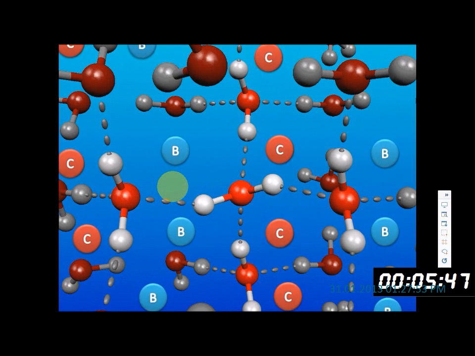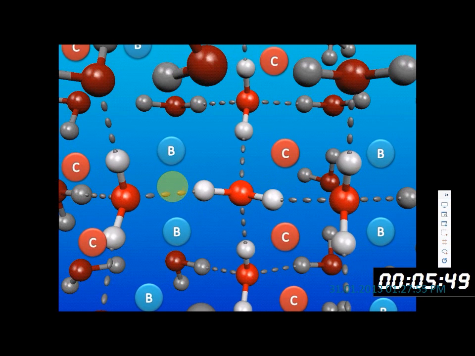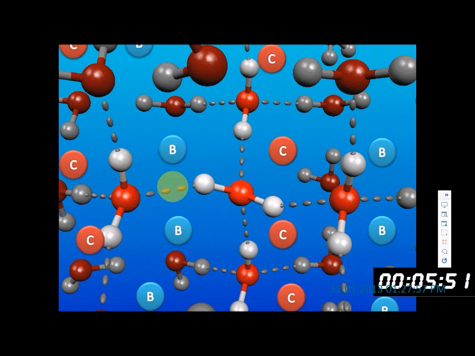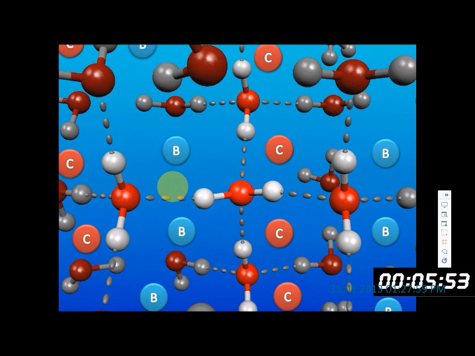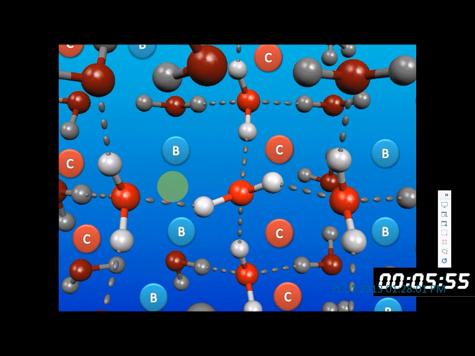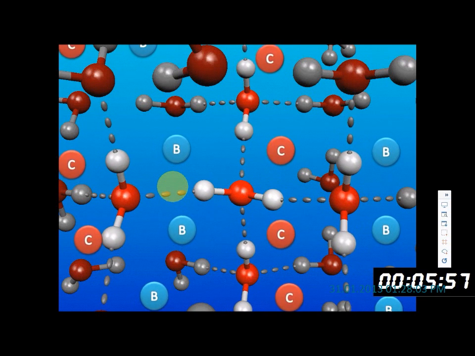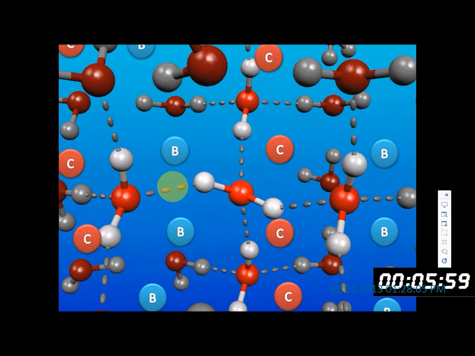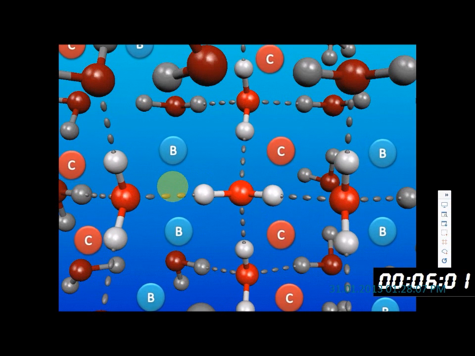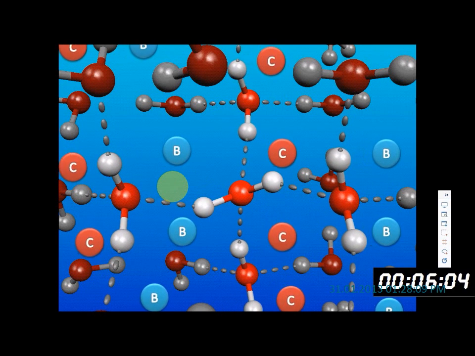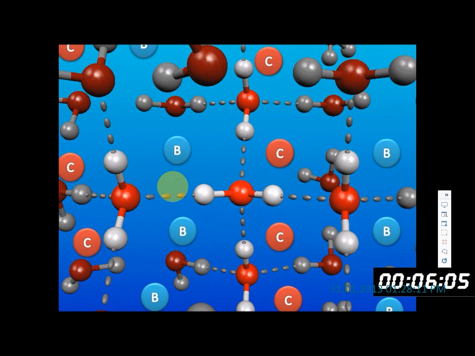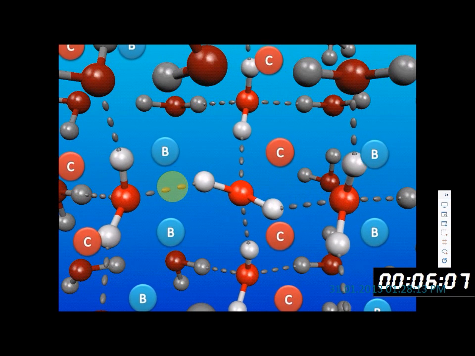Water is not interested in surrounding them, water is not attracted to them, they're just being pushed upward. Whereas here, the B and C are either attracted by oxygen or attracted by hydrogen. Now, oxygen is the negative thing that attracts the positive ion, and hydrogen is the positive part that attracts the negative ion.